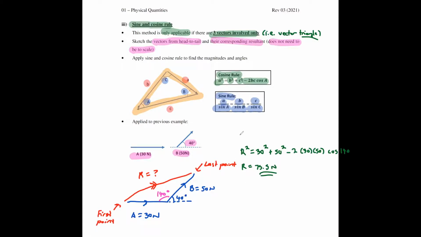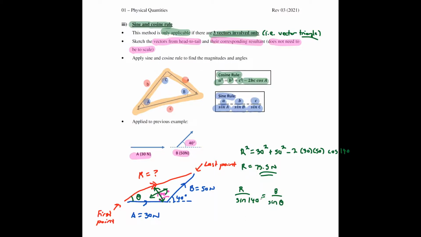Now let's apply sine rule to find the direction of the resultant, which is given by angle theta here. We take this pair and this pair, so that we get R over sine 140 equals B over sine theta.